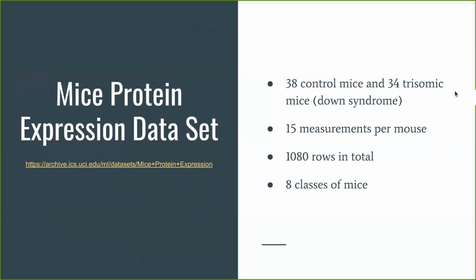Most of the time, Down syndrome happens when a child is born with an extra copy of their 21st chromosome, also known as trisomy 21. In this data set, there are 15 measurements per mouse, therefore we have a total of 1,080 measurements. Then the mice can be classified into 8 classes.